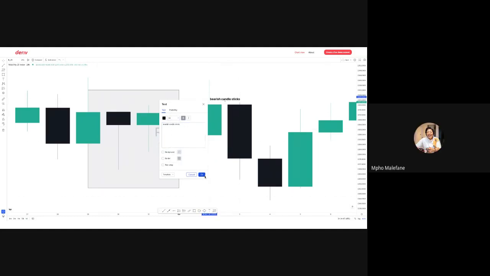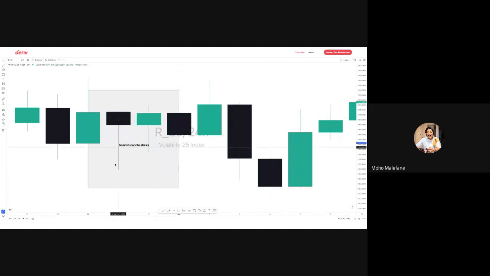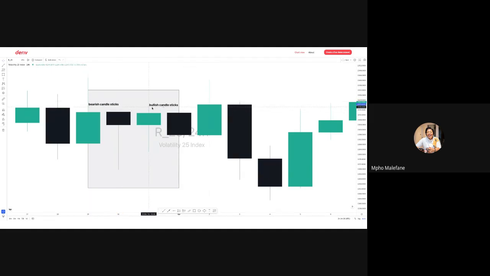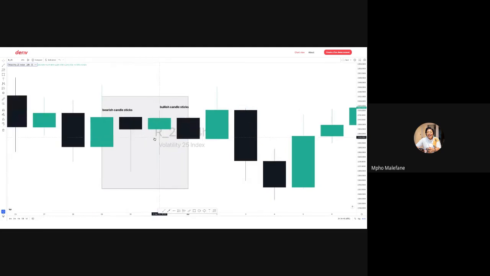Reading your notes here: bearish candlestick and the bullish candlestick.